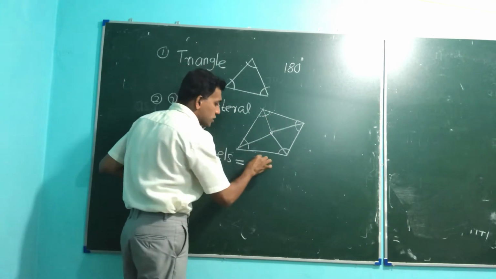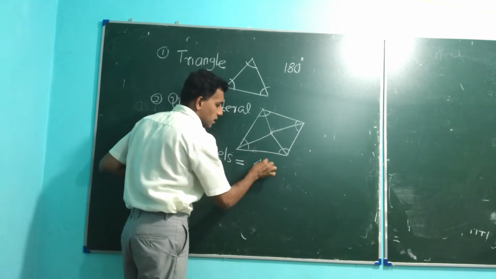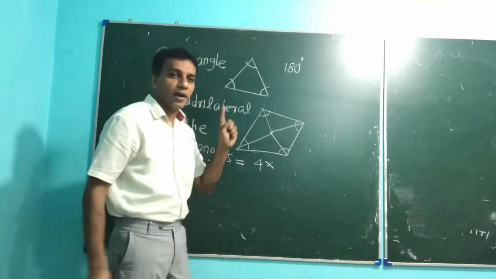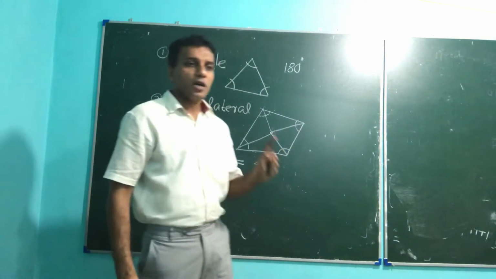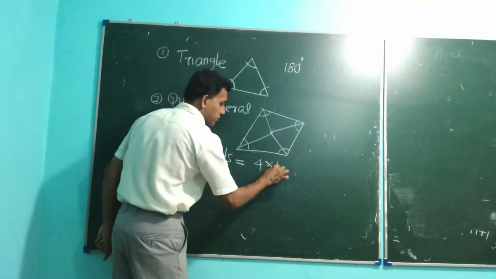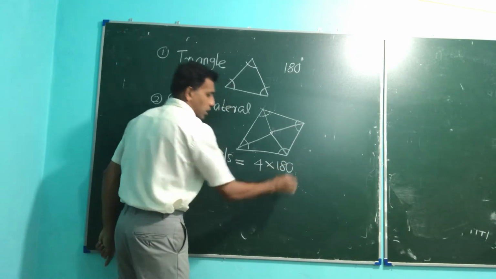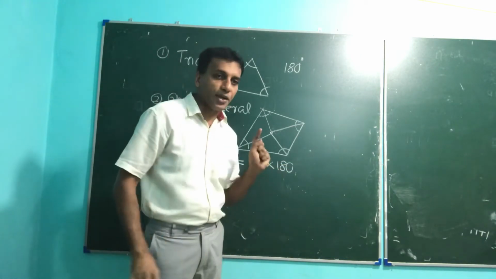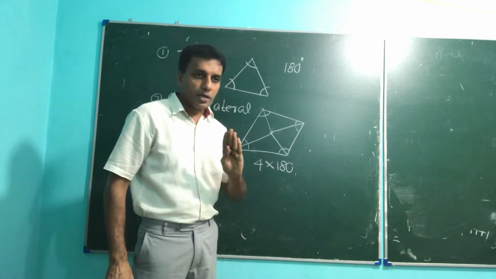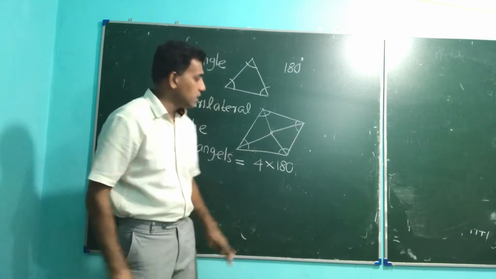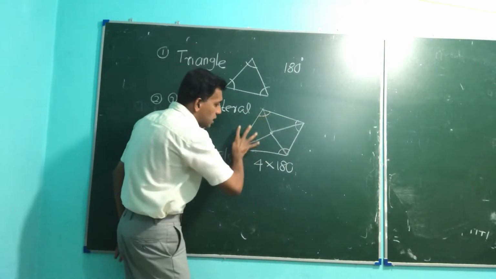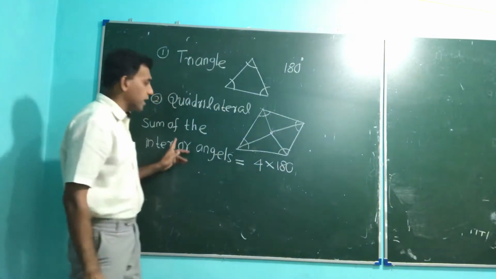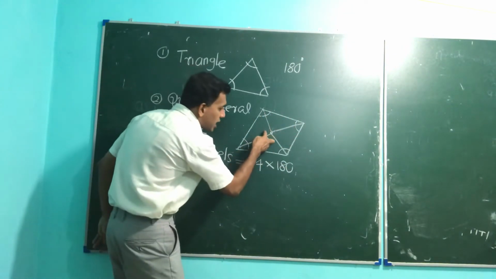There are 4 triangles, one triangle is 180 degrees, then 4 triangles multiplied by 4. If you multiply, the answer I think is 720 degrees, but that is not the answer. This includes all angles of these triangles, including the middle part also.